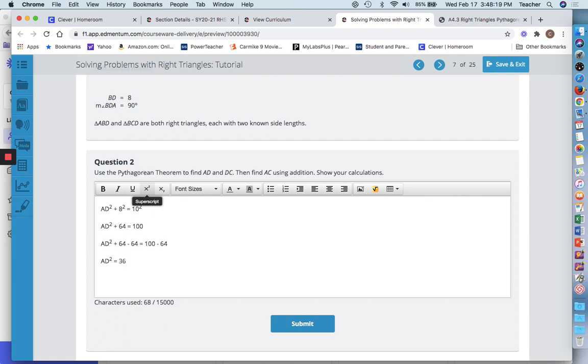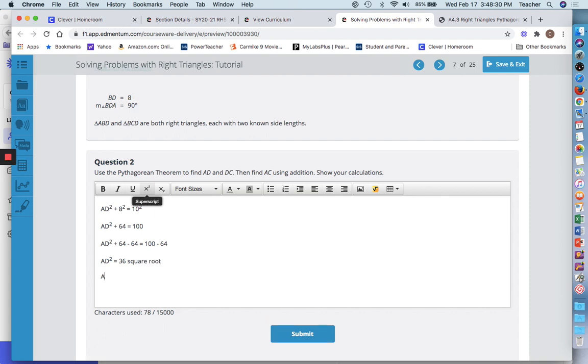Now the opposite of squaring is taking the square root. So I square root AD squared, and I square root the 36. AD equals, well, the square root of 36 is plus or minus 6, but the distance in a triangle cannot be negative, so AD is 6.